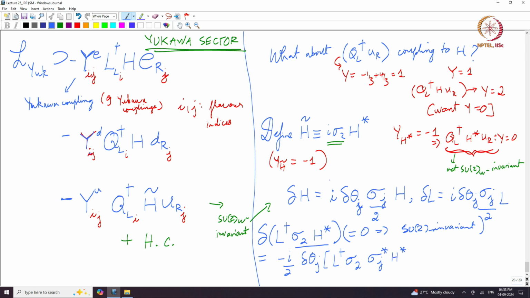So I just imported this over here, okay? And notice that that's the reason why I have pulled out a minus sign also, right? If I hit it on an H star, then if I take a star, then the transformation goes with a minus i, right? The complex conjugate. Okay, that's the first term. Now let me hit it on the second, the L term also. Because there's a dagger here, once again, if I take the complex conjugate, I'll pull out a minus i. That's why I literally pulled out a minus i over here, right?